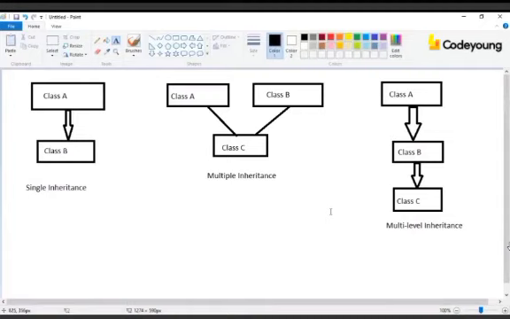Now, multi-level inheritance happens only when you have a relation between those classes. For example, if you are creating a class car, and you're creating the properties, then you're creating a class Ford, and then let's say you're creating a class Ford India, and then a class Ford America.